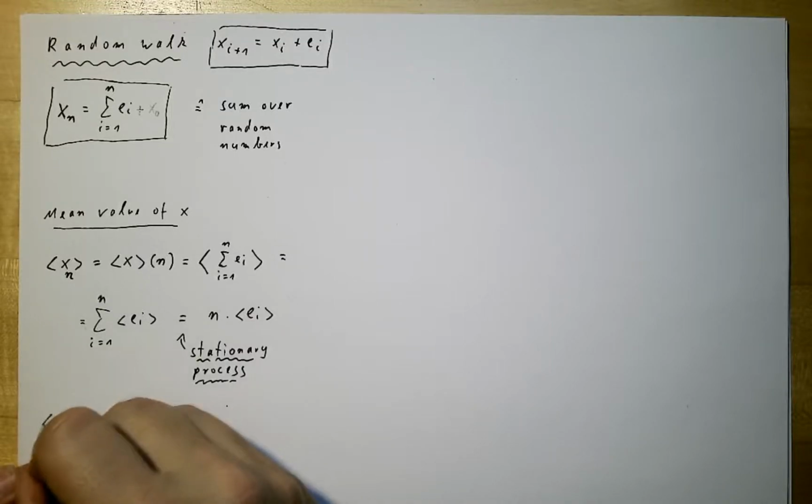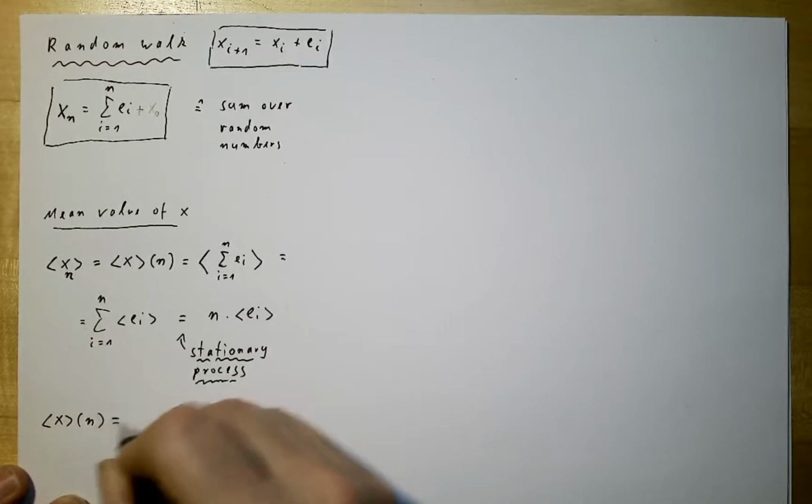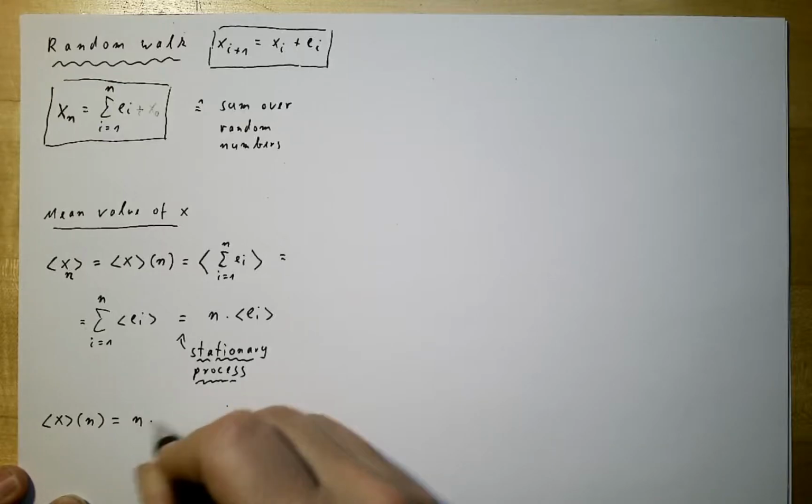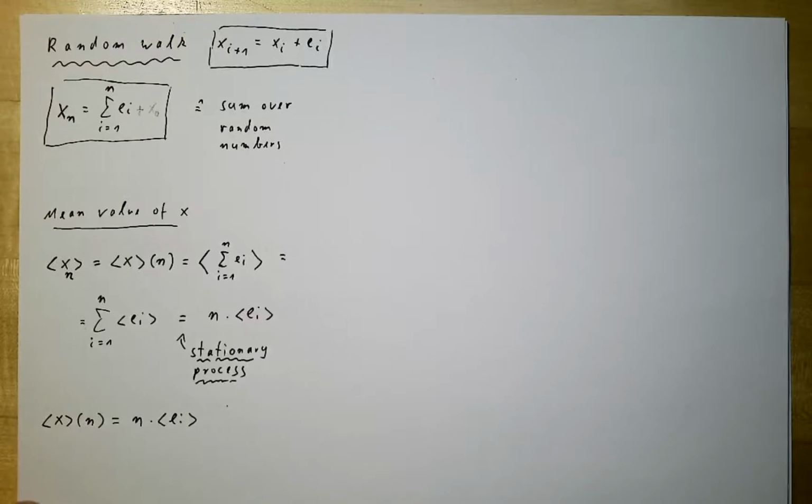So that's the first property that we have. The expectation of our random walk in time equals just n times the expectation of the increments.